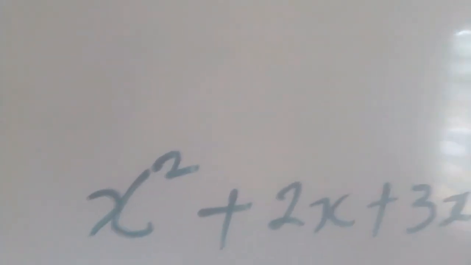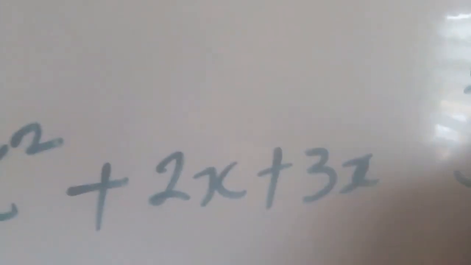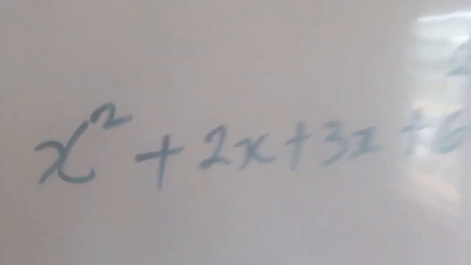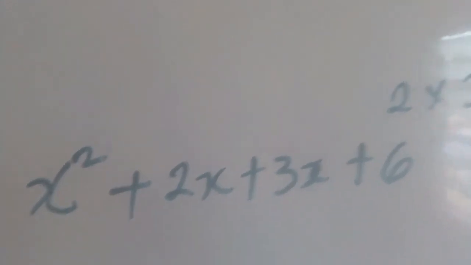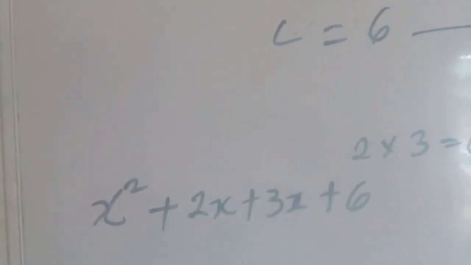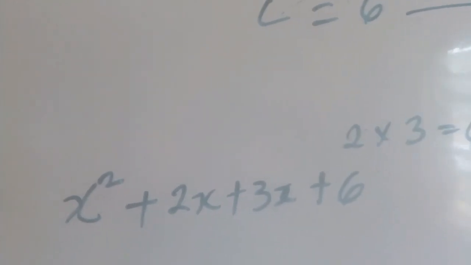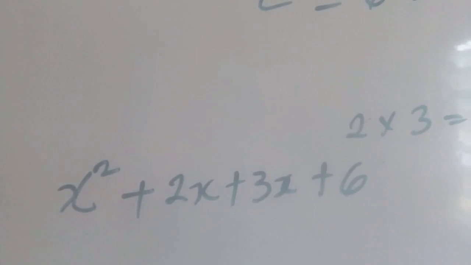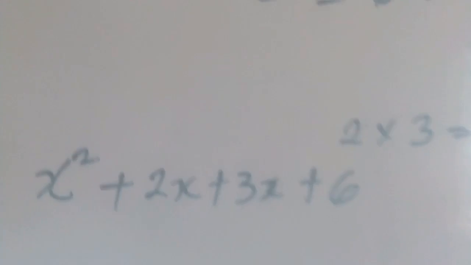So when writing it in terms of x, we write 2x plus 3x, then plus 6. So you've been able to split the middle term into 2x plus 3x. 2x plus 3x will give us 5x, while 2 times 3 also will give us 6. So that's the perfect term.